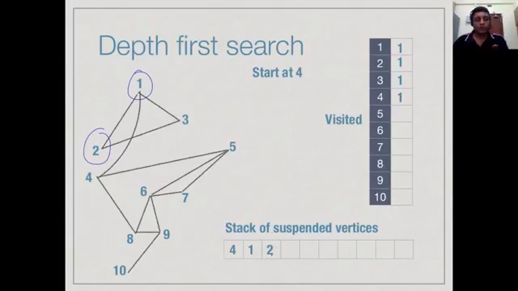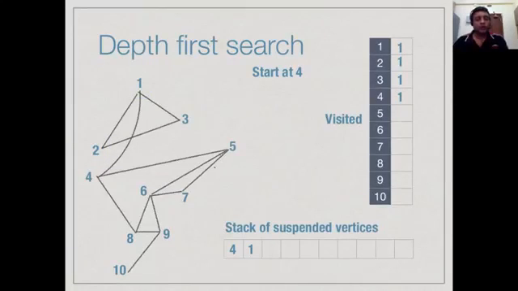So we must go back to the last vertex which we suspended, namely 2, and explore its neighbors. So we go back to 2. We had already declared that 1 was done. We have already processed 3, so we have to look at 4, but 4 is also already visited, so we are done with 2.